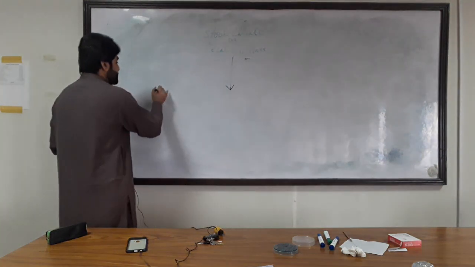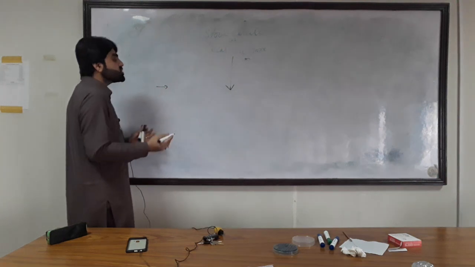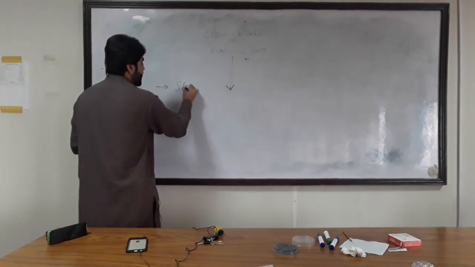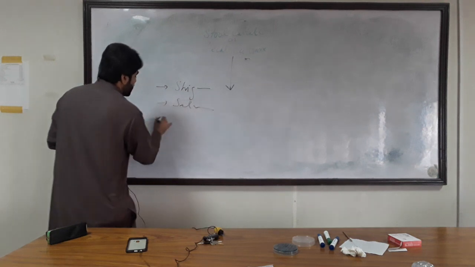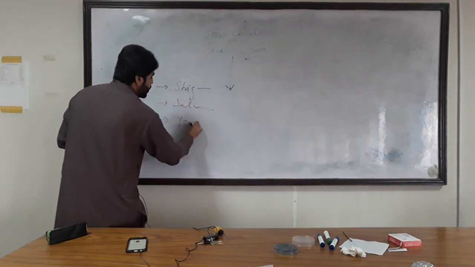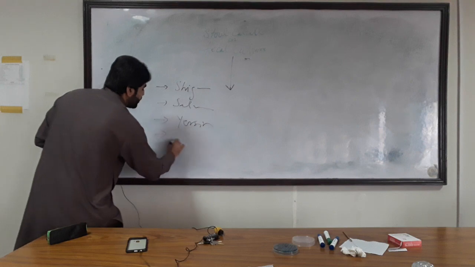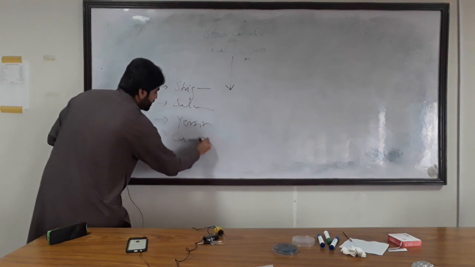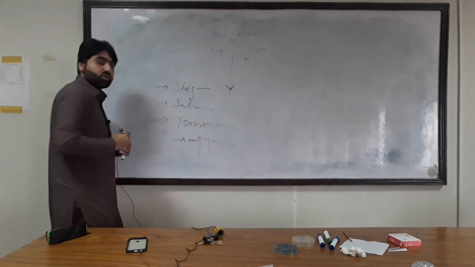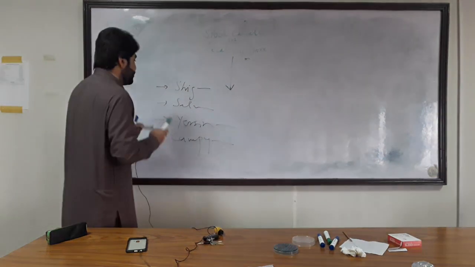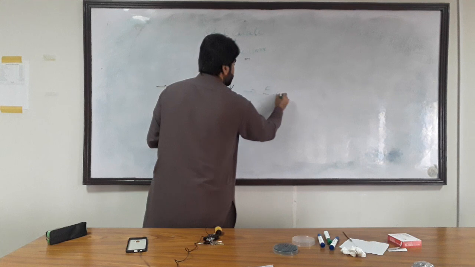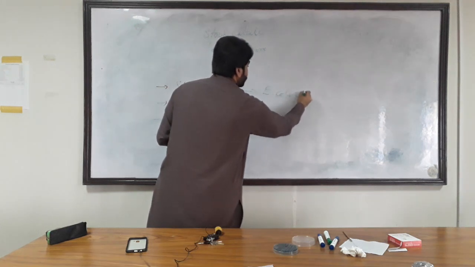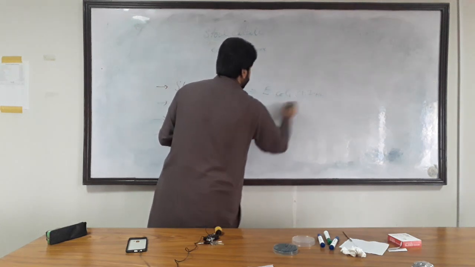As we know, the most common pathogens are Shigella, Salmonella, Yersinia enterocolitica, and Campylobacter. I am writing only the first four letters of the name, and only one species of E. coli, which is E. coli O157:H7.